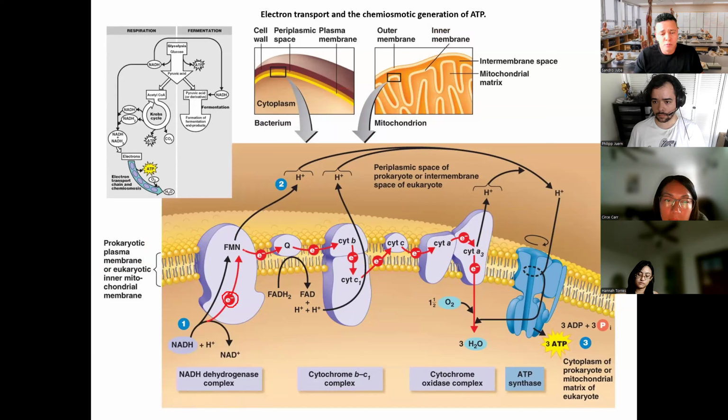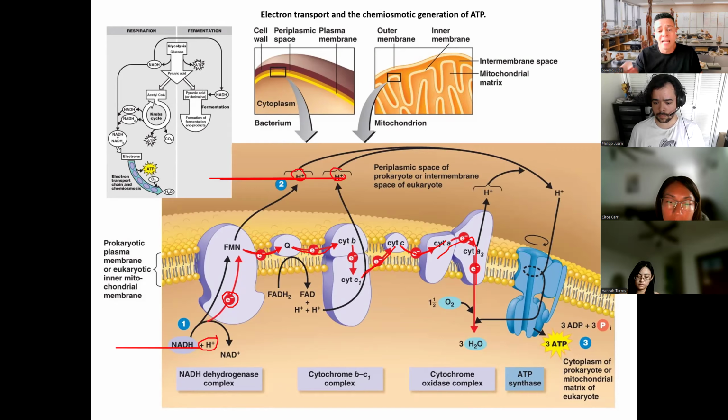Now, let's follow this electron. It is going to move from enzyme to enzyme to enzyme to enzyme to enzyme. Every time that this electron moves from one enzyme to another, folks, we are going to have the movement of hydrogen ions into the intermembrane space of the mitochondria.